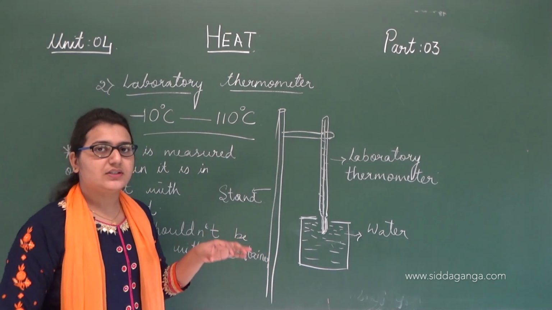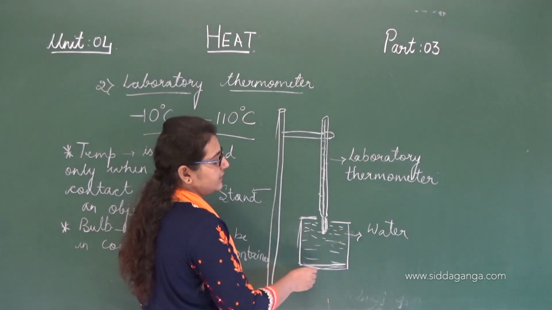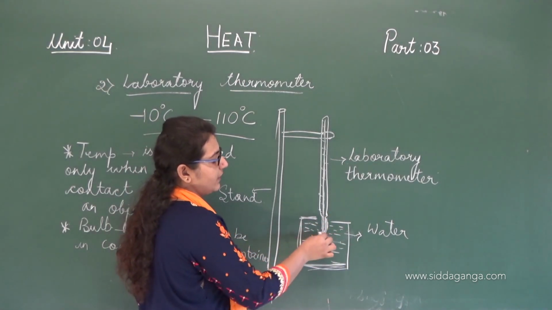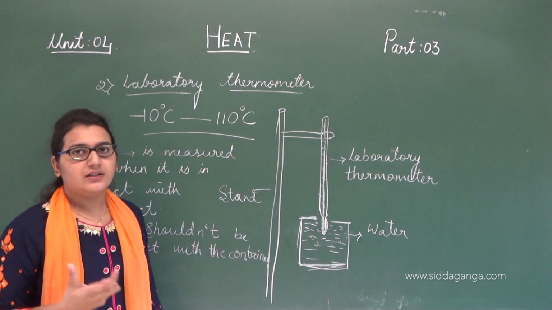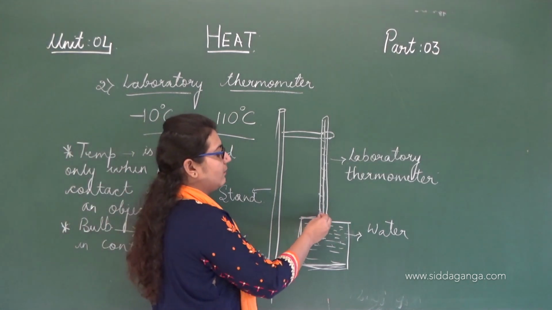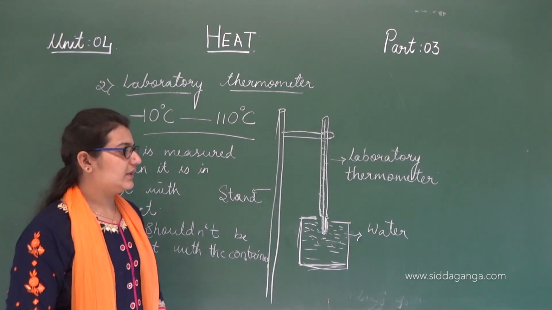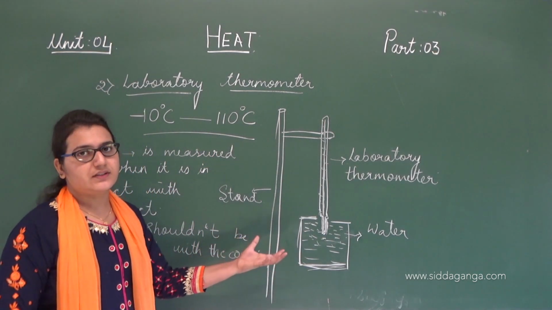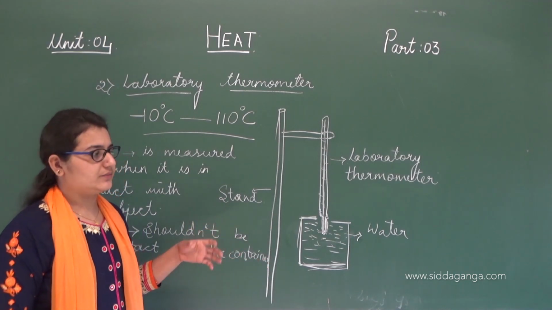We should not touch the bottom or any side of the container. Instead, the bulb should be surrounded by the object, whatever fluid we are measuring. This is one of the most important points: the bulb shouldn't touch the container, and whatever fluid we are measuring should surround the bulb, so that it can read the temperature.